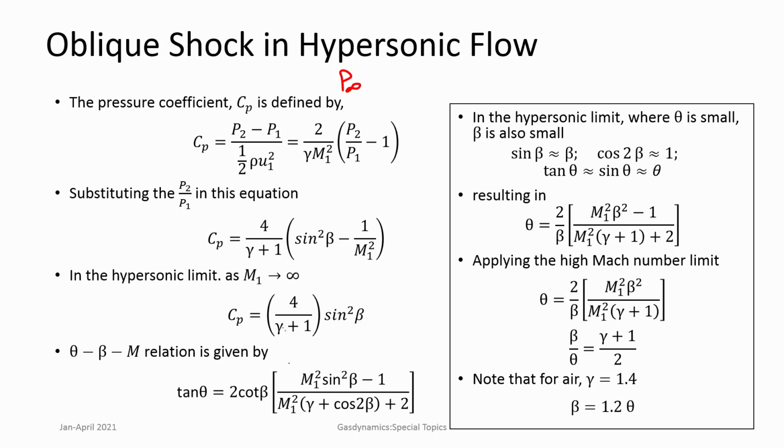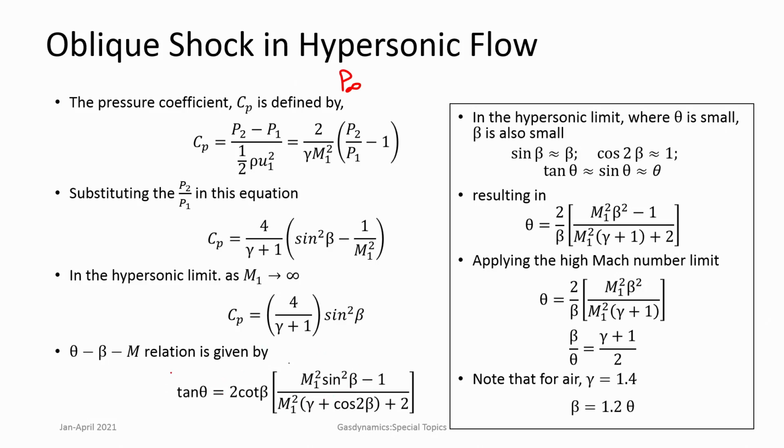But further, if we consider the M theta beta relation for oblique shocks written here, tan theta is equal to 2 cot beta (M1 square sin square beta minus 1) divided by (M1 square (gamma plus cos 2 beta) plus 2).